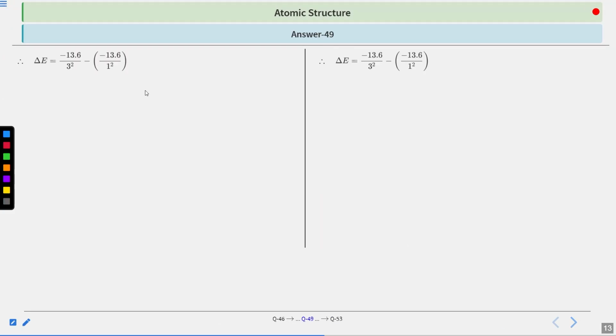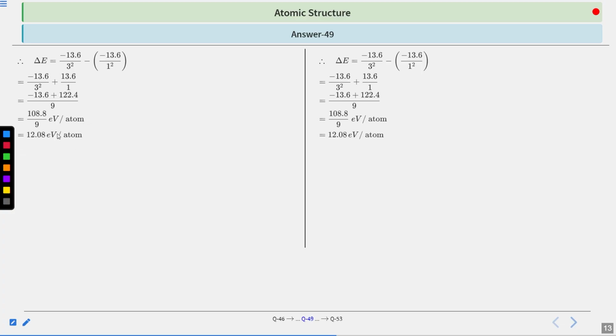If you calculate delta E, the energy of third will be minus 13.6 by 3 square minus, in the bracket, minus 13.6 by 1 square. If you do the calculation further, the negative turns positive, and if you cross multiply and calculate, you will get the value as 108.8 by 9 electron volt per atom, or 12.08 electron volt per atom.